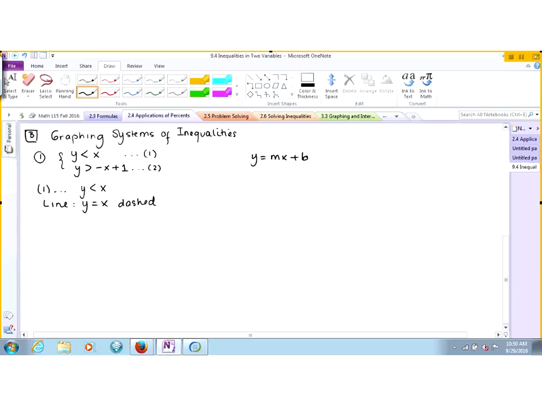Y equals mx plus b. So what is my m here? What is my b? So this is y equals 1x plus 0, right? I didn't write y equals 1x plus 0, but I write it as y equals x. Does that make sense? Okay.